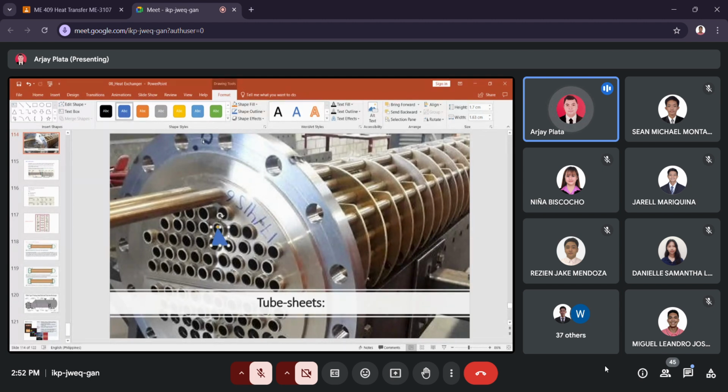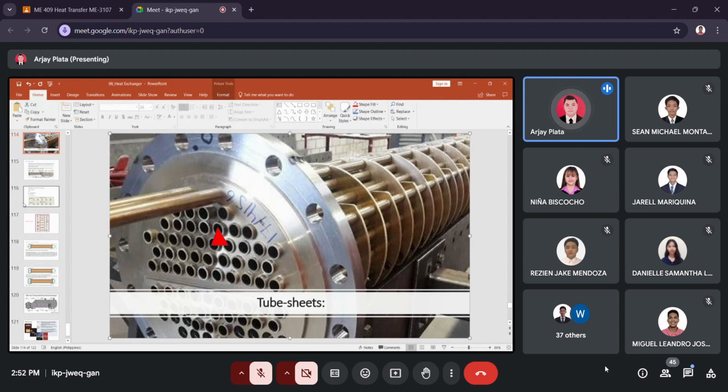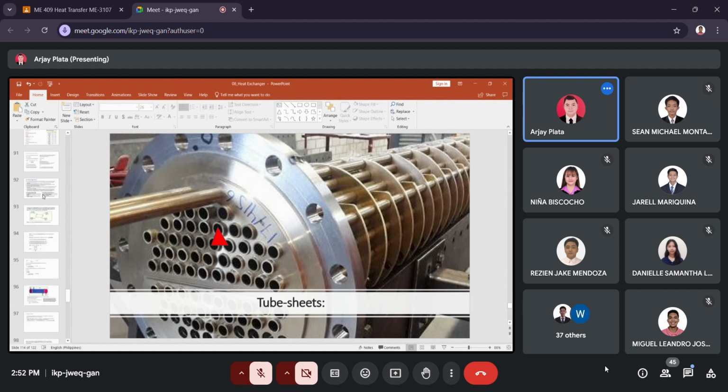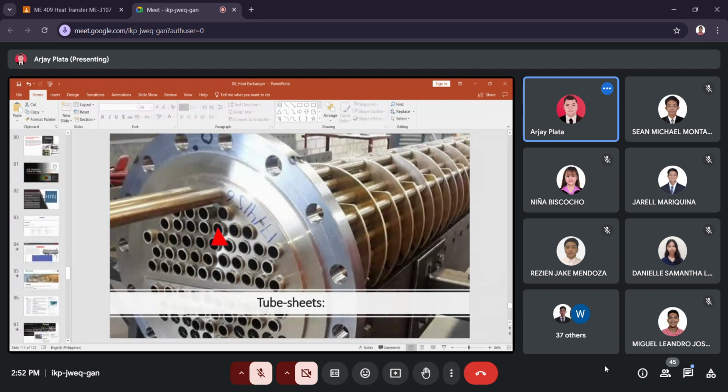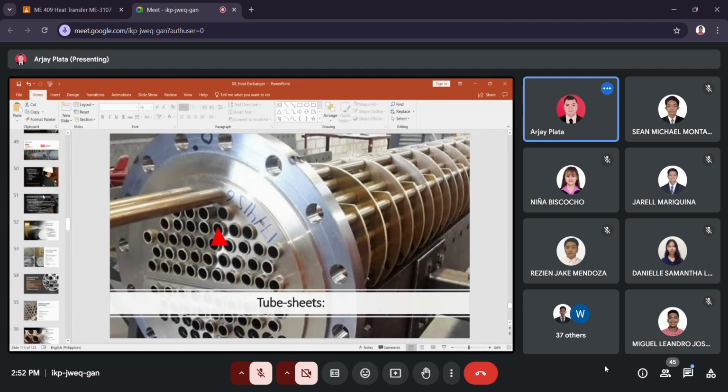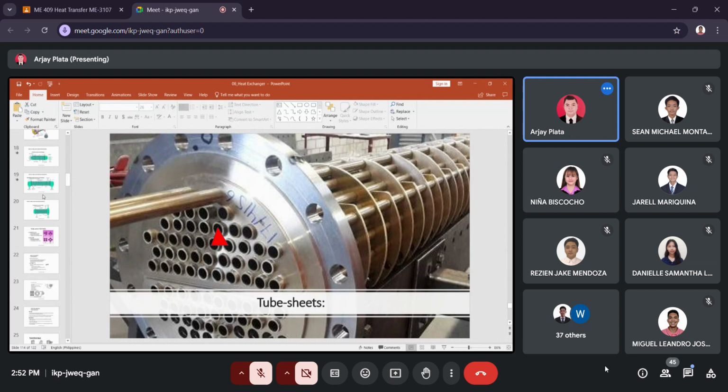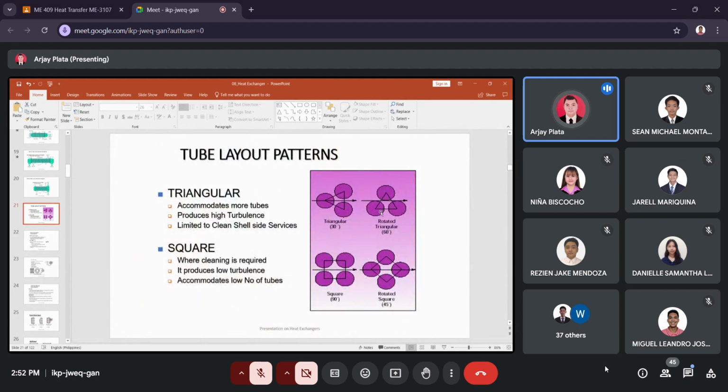Yeah, that one is rotated triangular, as shown here. This one, rotated triangular 60 degrees.